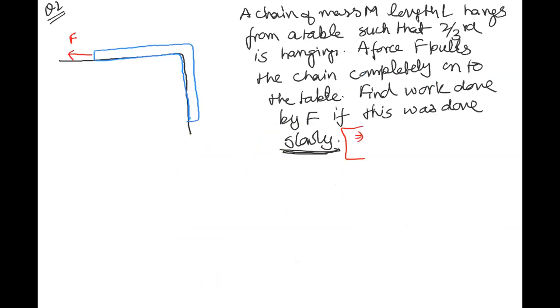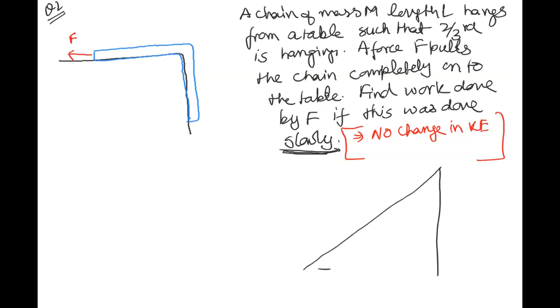This implies that there is no change in kinetic energy. What does this mean? So I will say that I will push this block up the incline. Okay? I will push this block up the incline.